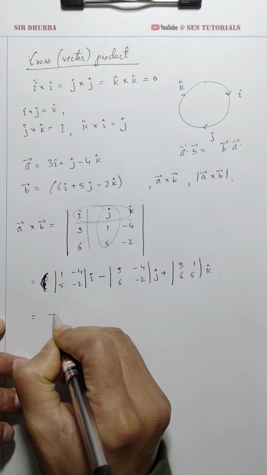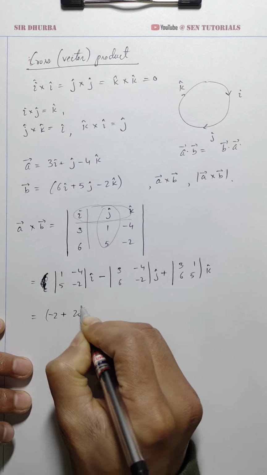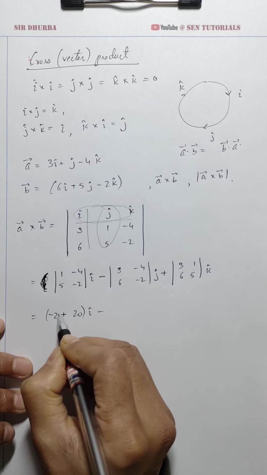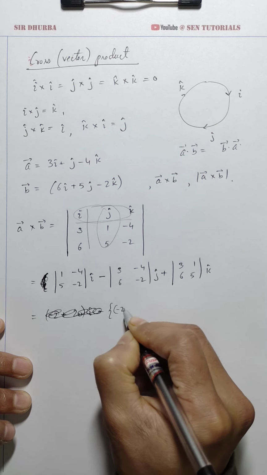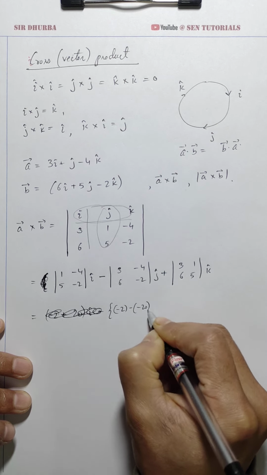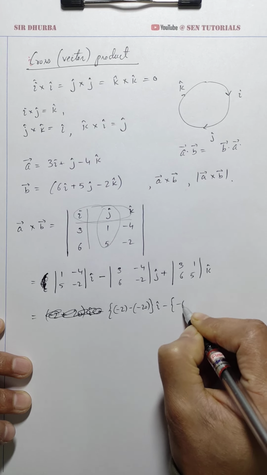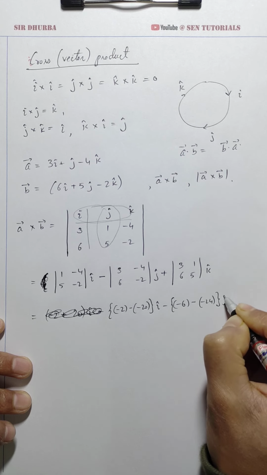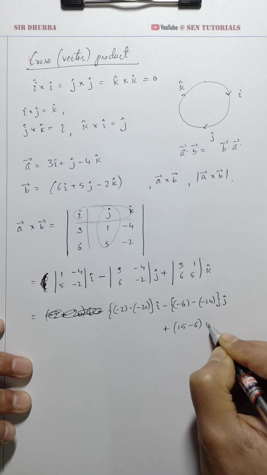Determinant value: minus 2 minus 4 fives are 20, minus minus, plus 20. Multiplication and addition now. Let me write it down, sometimes it gets confusing for students. Minus 2 minus minus 20 i cap, minus 3 times minus 2 is minus 6, minus 6 times 4 is 24 j cap, plus 3 fives are 15 minus 6.